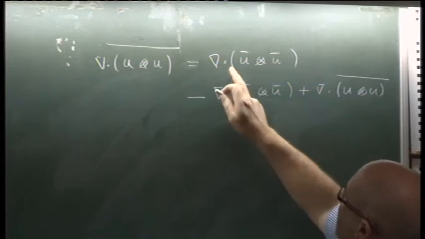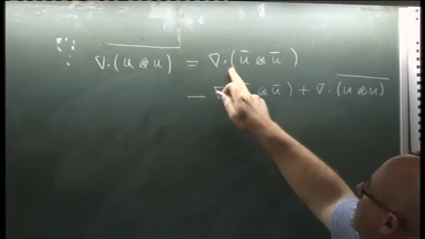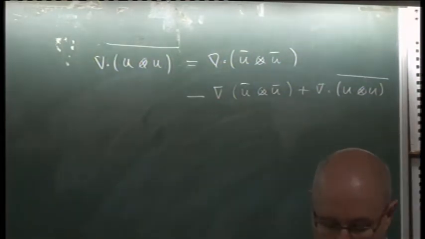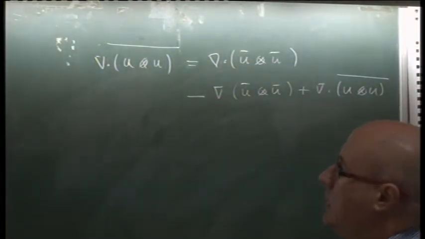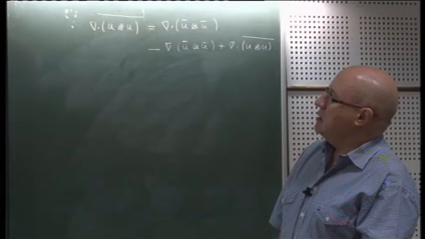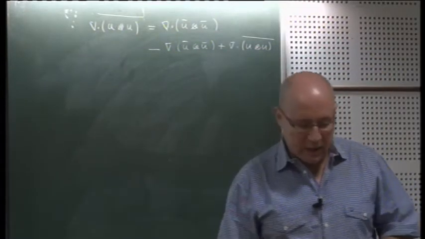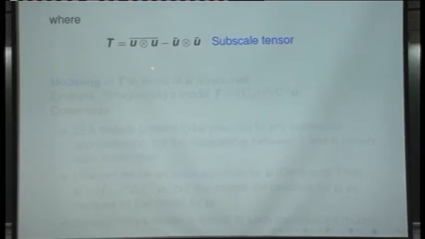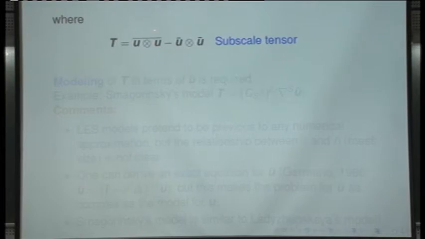But what I have done is I have left this on the left hand side, and I have moved that to the right hand side. So it's as stupid as this. That's why I have this divergence of T, where T is this tensor that is called the subscale tensor. It's the difference between the filter of the product of the velocities minus the product of the filtered velocities.